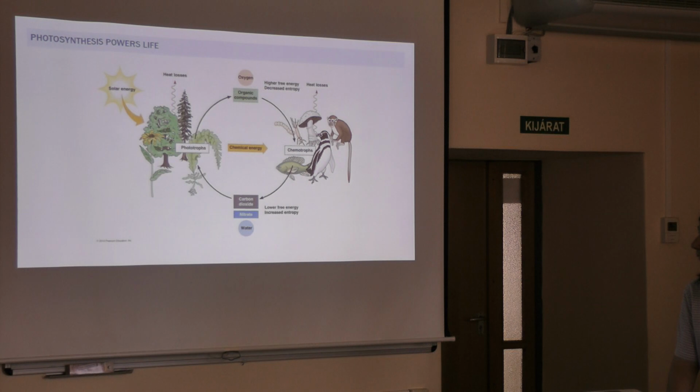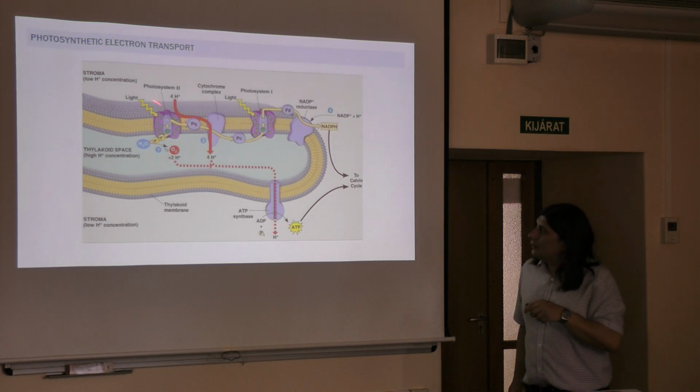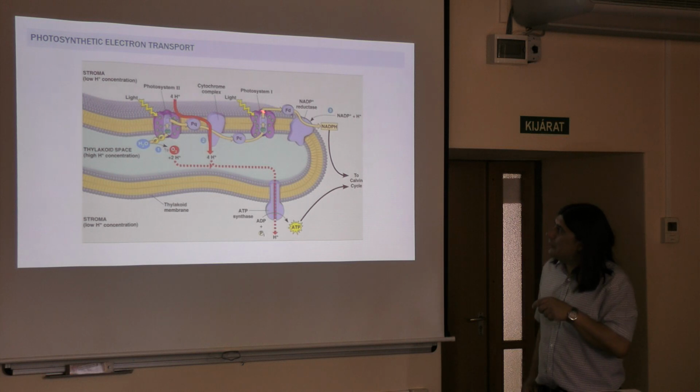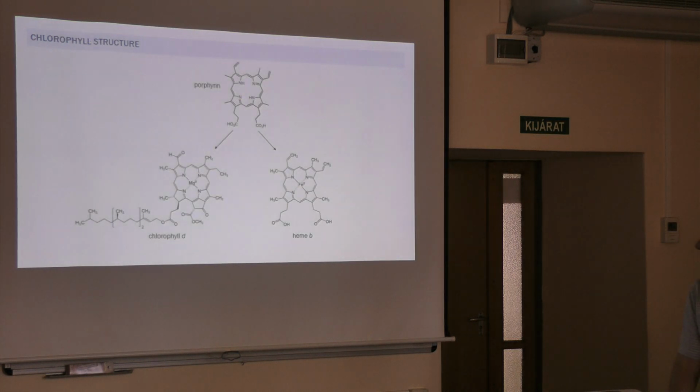Now I'll just show you some spectra from photosynthesis. When I say photosynthesis, we are focused on the photosynthetic pigment-protein complexes, like in plants. This is photosystem 2 and photosystem 1. They contain chlorophyll.